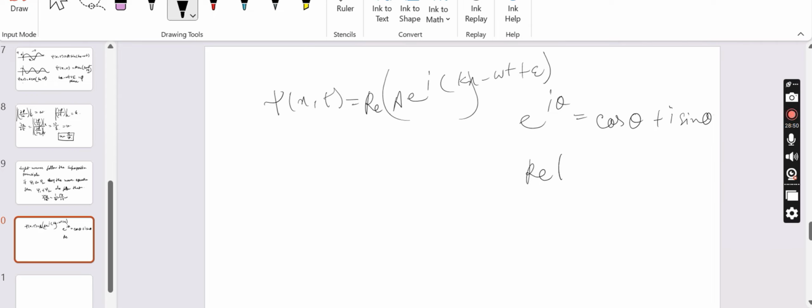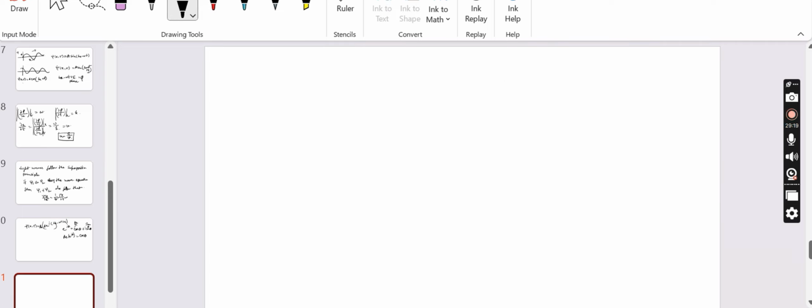So the real part of e to the power i theta is basically cos theta. This is the real part and this is the imaginary part. So this is basically a recap.